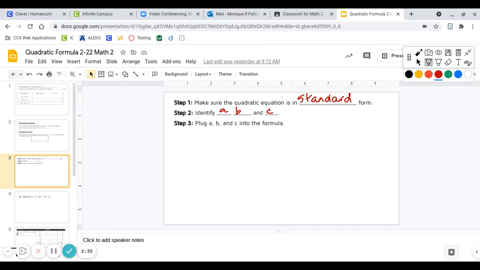And we're going to add a step 4 here. For step 4, we're just going to head over to Desmos and plug in that entire formula into Desmos. So we're going to say use Desmos to solve.